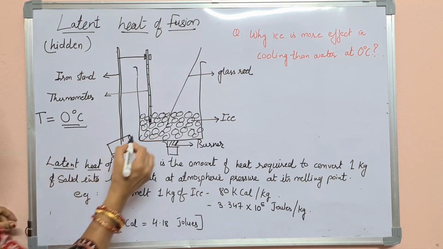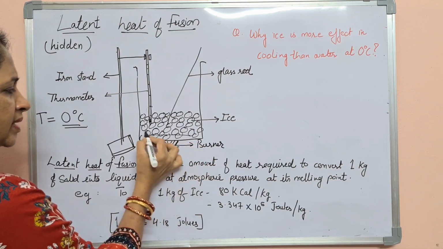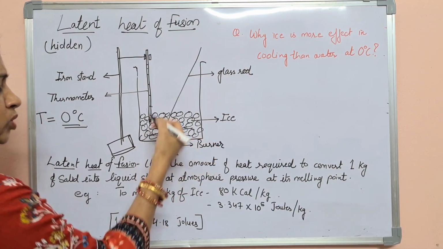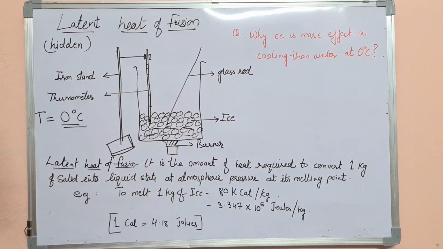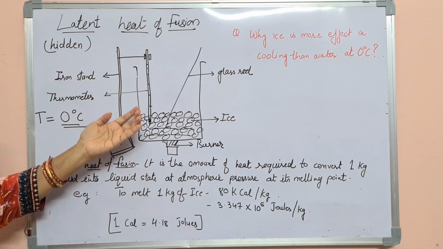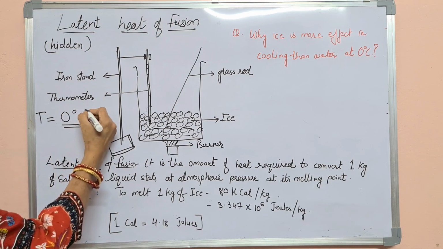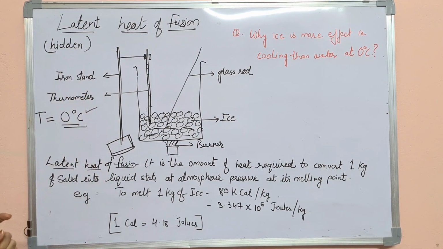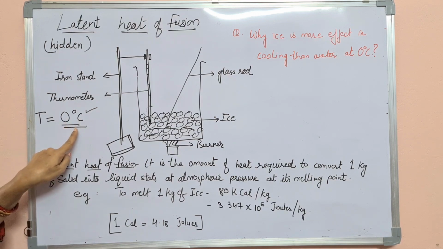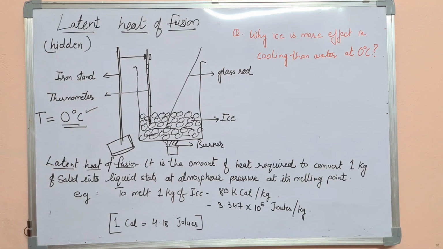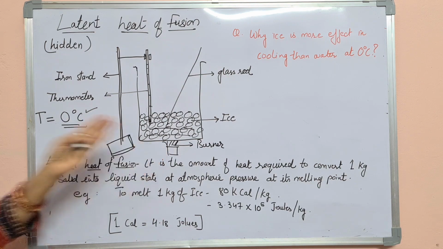First this layer of the ice will melt, then next layer will melt, and so on. In this way the process of melting of ice goes on. Again, after a few minutes, you note down the temperature in the thermometer. You will see that it is 0 degrees Celsius only. There is no increase in the temperature, but we are providing the heat.